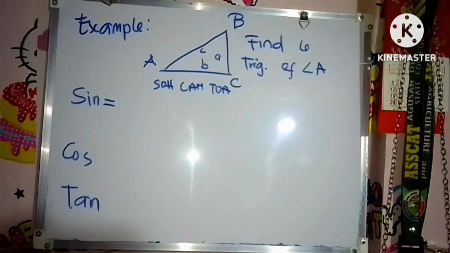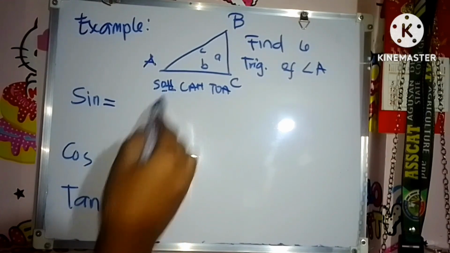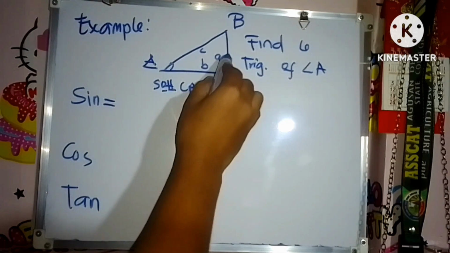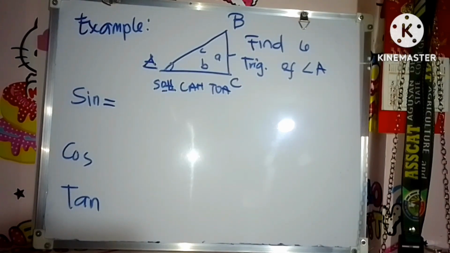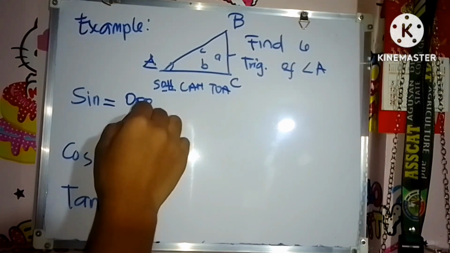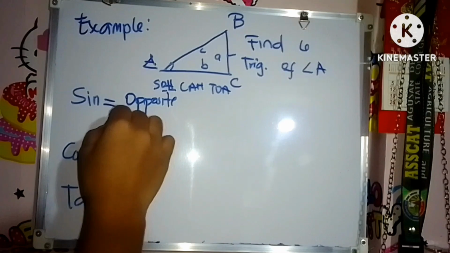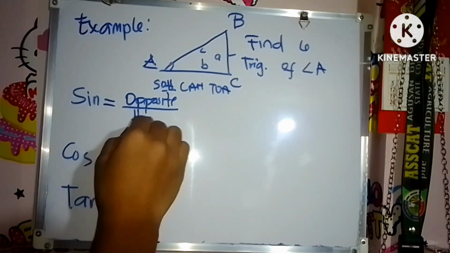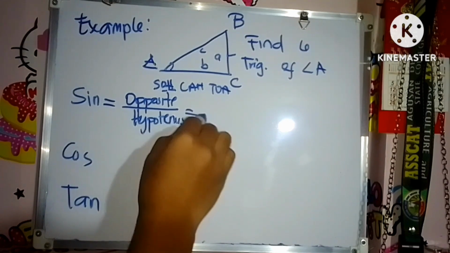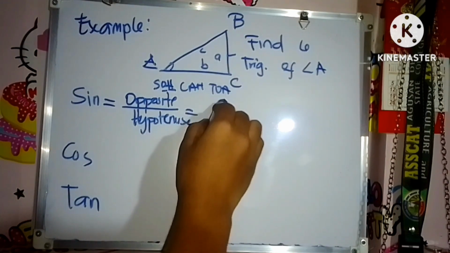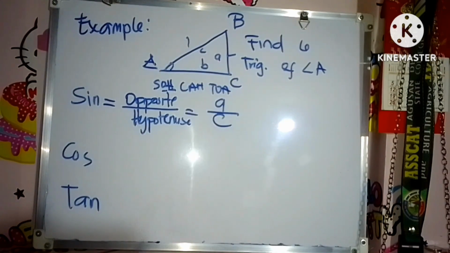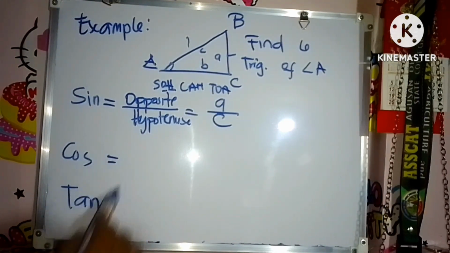First is the sine. We know that sine is equal to opposite over hypotenuse. The opposite of angle A is A, and the hypotenuse is the longest line, which is C.